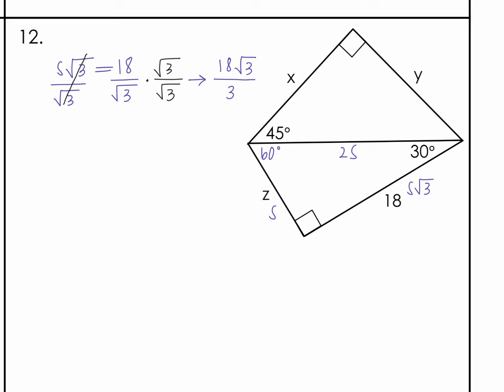Okay, so that 18 is divisible by 3, and so we're going to get that my s here is equal to 6 root 3. And so that's going to help me find my z. Okay, so z here, remember that's your s, which we said was 6 root 3. So z is just equal to 6 root 3.